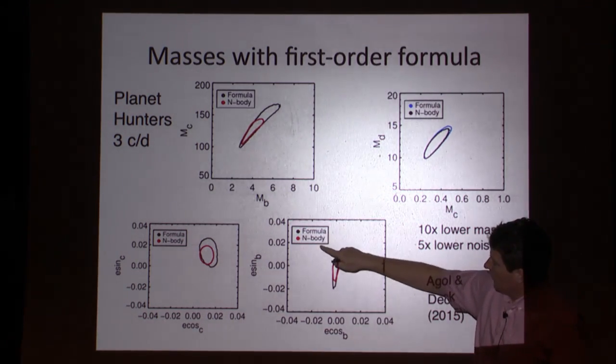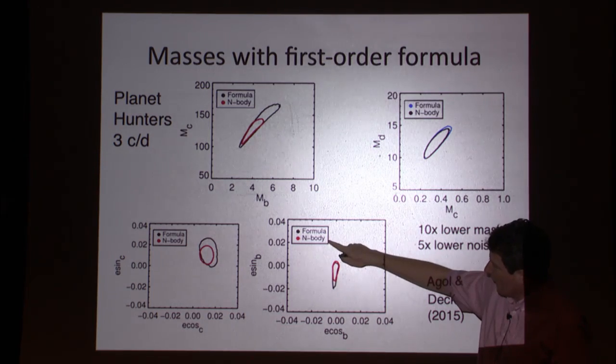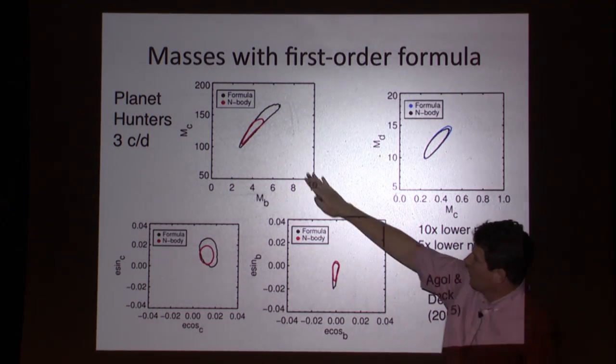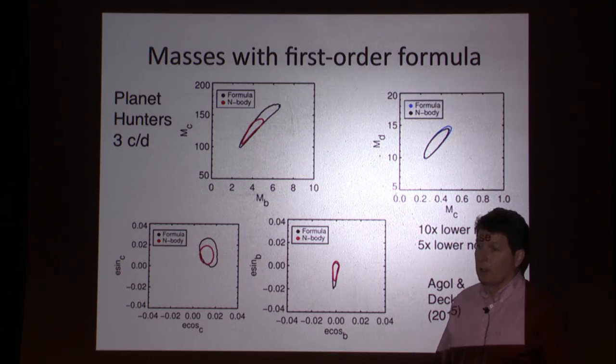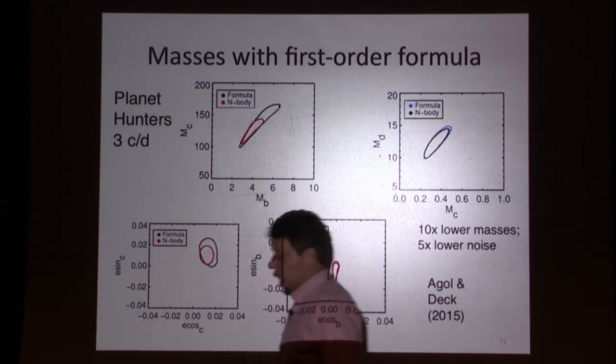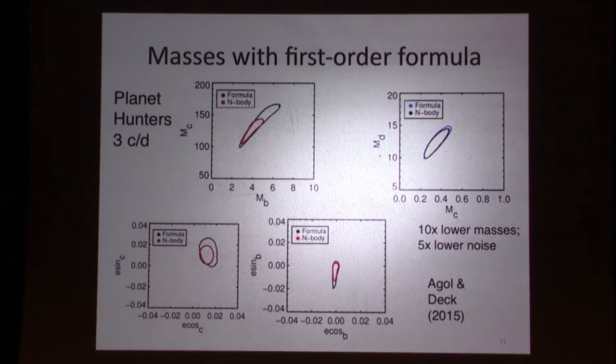Again, the black is the analytic formula, red in this case is the n-body, and there's fairly good agreement between those. Not perfect though, and that's partially because it's first order in eccentricity and first order in mass. In this case, it actually looks like the second order in mass terms affect the result.